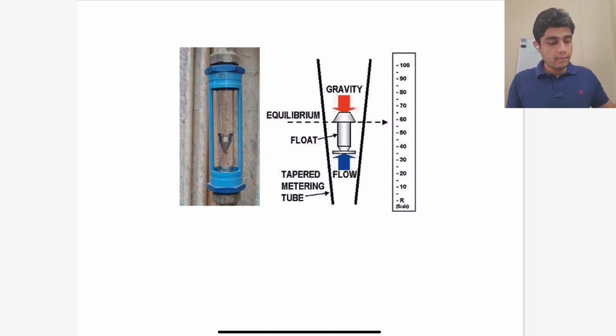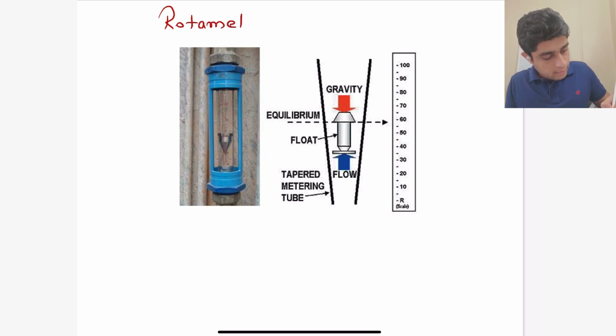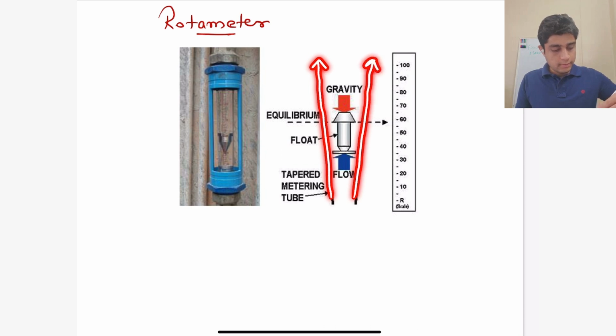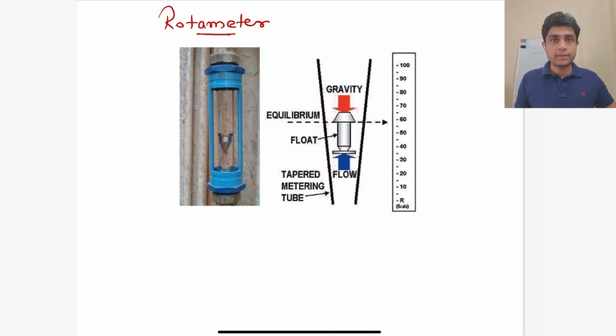Another device to measure flow is something called a rotameter. So in this device we have a vertical tube which has a tapered cross section. So its area is not constant, but it changes with its height, and there is an object floating in this tapered tube.